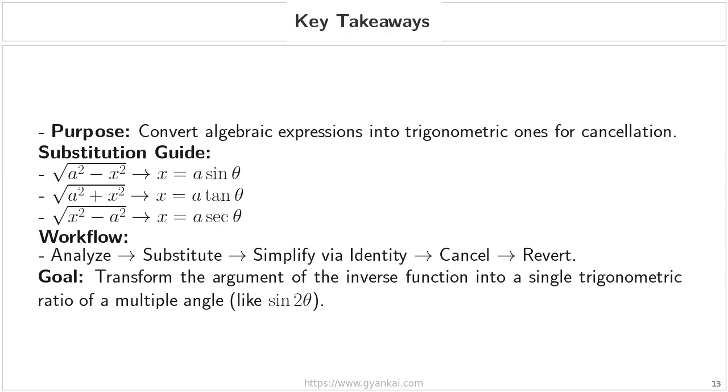Ultimately, your goal is to transform the argument inside the inverse function into a single trigonometric ratio of a multiple angle, similar to how we simplified our previous examples into sine of 2 theta. If you follow these steps, you'll be able to handle even the most complex inverse trigonometric simplifications with confidence.